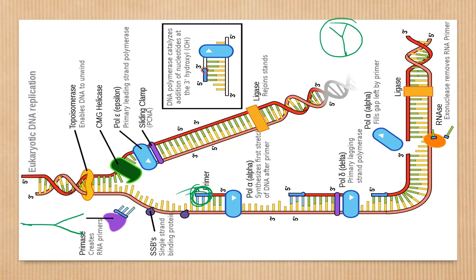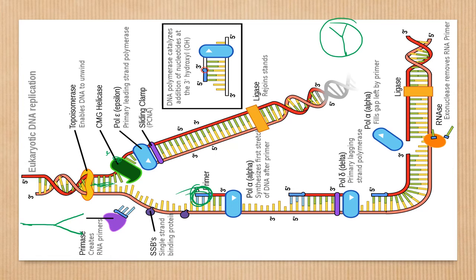DNA molecule. So topoisomerase unwinds by breaking these hydrogen bonds, and then helicase unwinds, separates, uncoils these two strands, and they form a Y shape called the replication fork.